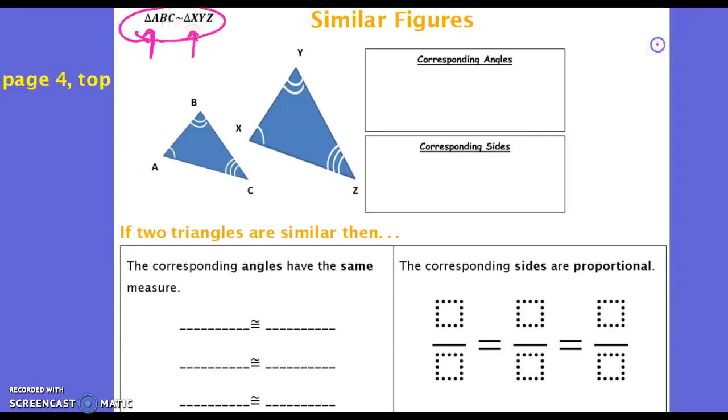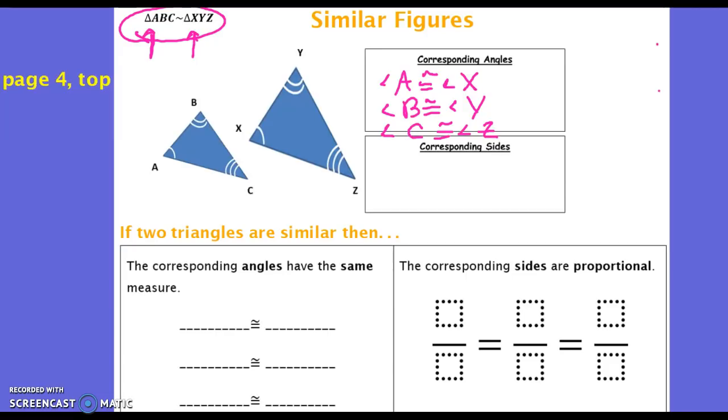So when we write the order of the triangles being similar, we have to be very careful that everything matches up. So what does it mean? It means angle A will be congruent to angle X because A is first and X is first. Angle B will be congruent, remember congruent means the same measure, to angle Y. And angle C will be congruent to angle Z.